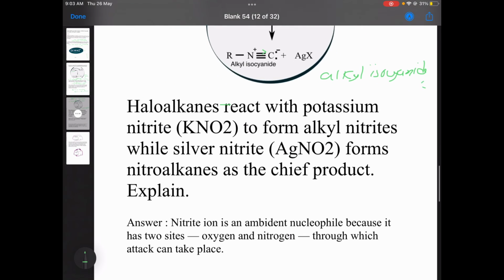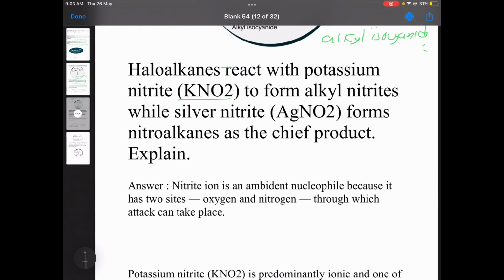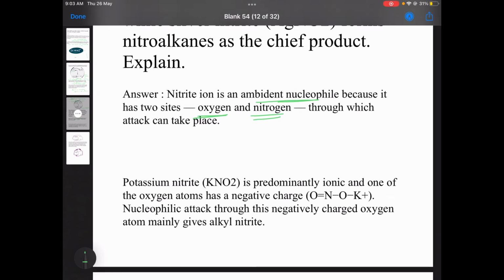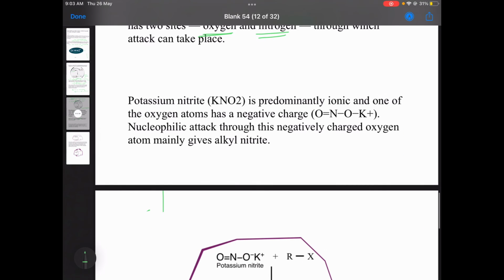The same is the case with other examples, like potassium nitrite, KNO2. Nitrite is also an ambidentate nucleophile, which means it has two donor sites, oxygen as well as nitrogen, through which the attack can take place. The same thing happens with ethyl chloride. KNO2 is predominantly ionic in nature, so it can be represented as K+ and ONO-.